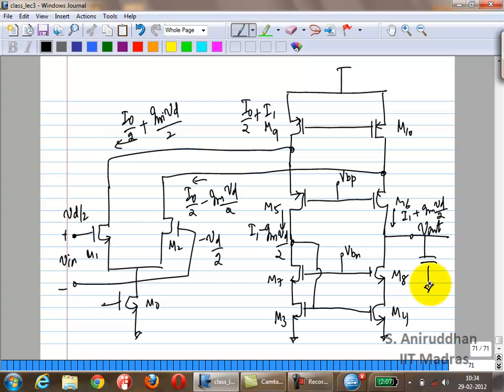So if I have some load here, for now I'll assume it's a capacitance. What is the total current flowing out? Right, I should have said it's GM1.